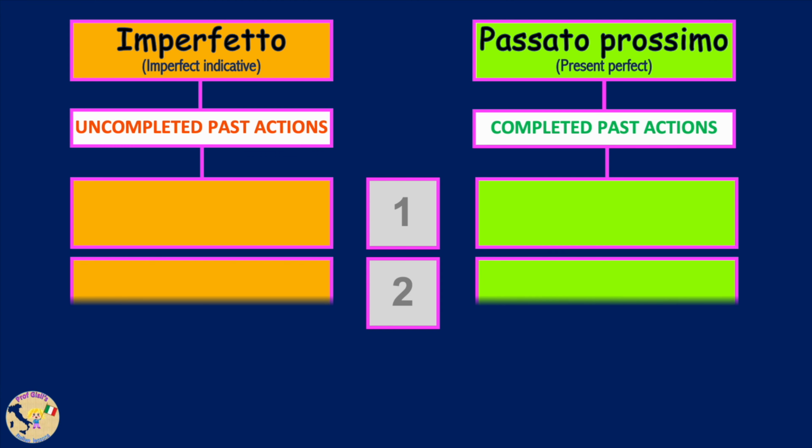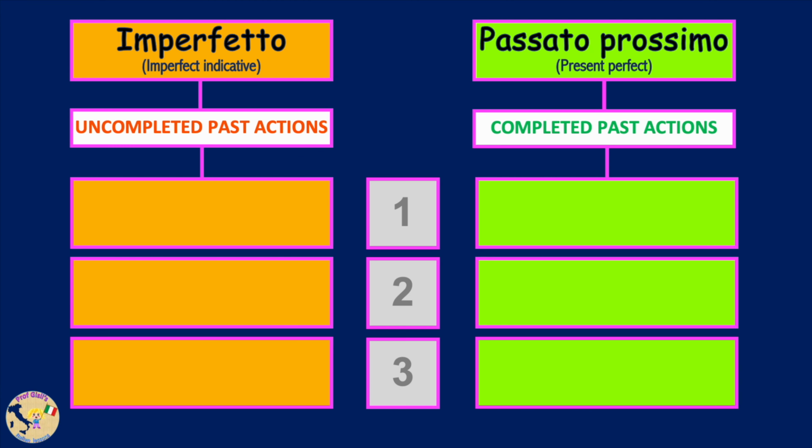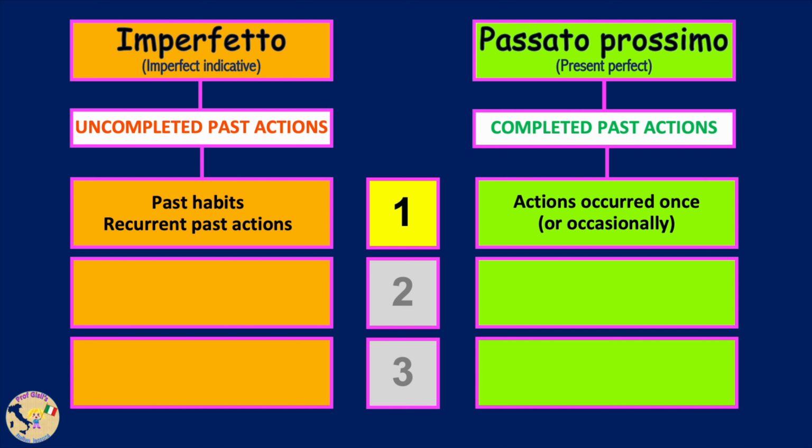There are three categories of past actions expressed by the imperfetto and the passato prossimo which we can identify and compare. 1. We use the imperfetto to describe past habits or recurrent actions, whereas we use the passato prossimo to describe actions occurred just once or occasionally. 2.